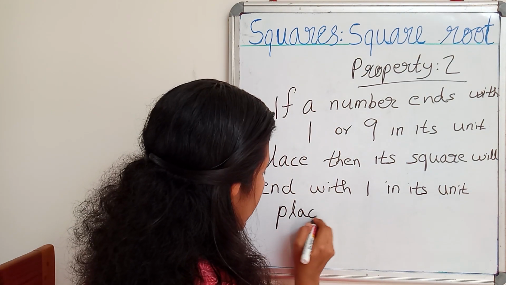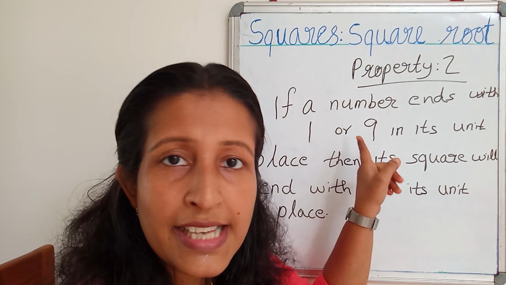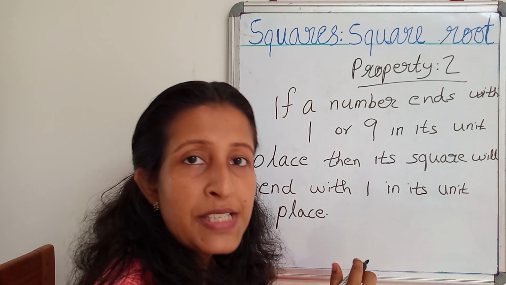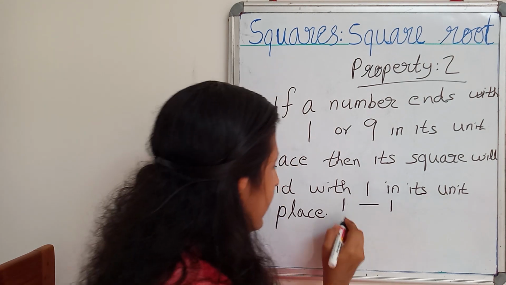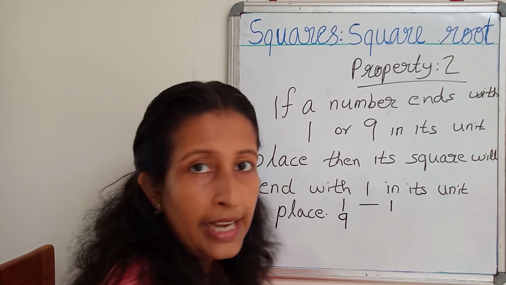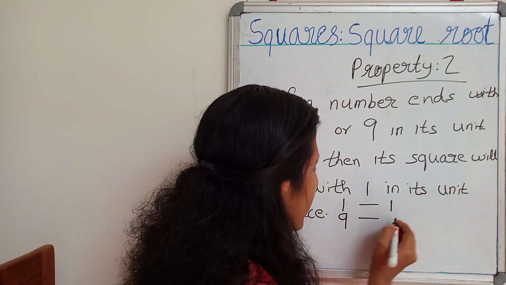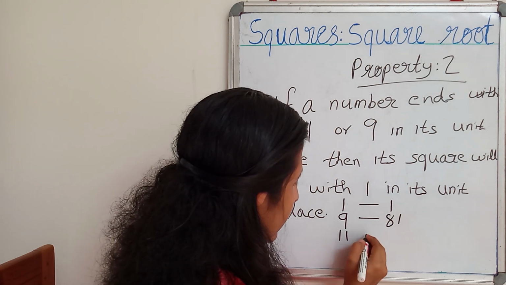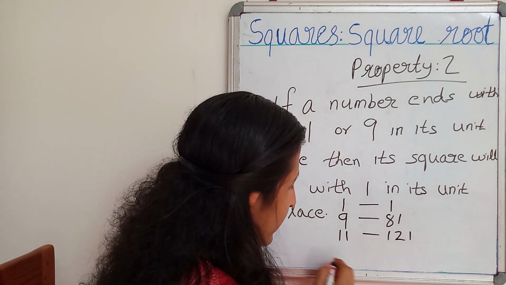What does it mean? If you are selecting a number and it is ending with 1 or 9 in its unit place. First I am selecting the number 1 itself. What is its square? 1. Then I am selecting the number 9. What will be its square? 81. Then 11. 121 is the square.